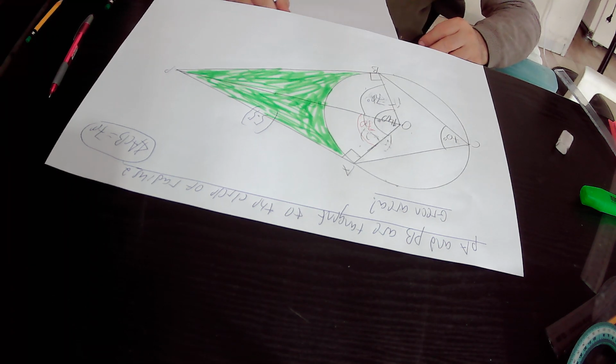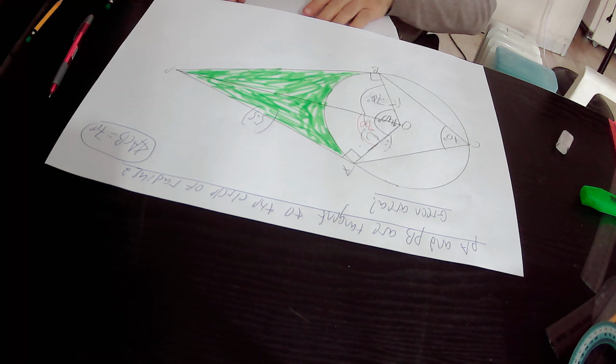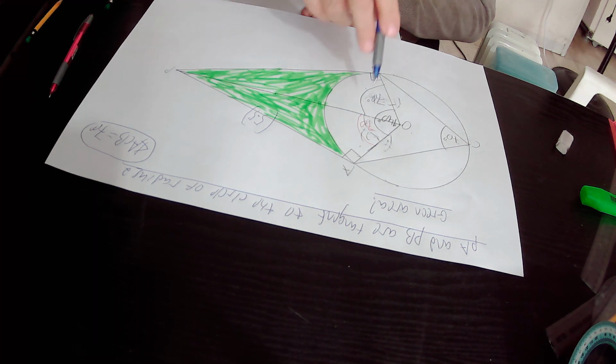So, what is the area of the green shape? From the drawing, it is very easy to see that the area of this green shape equals the area of the upper right triangle AOP plus the area of the lower right triangle BOP.